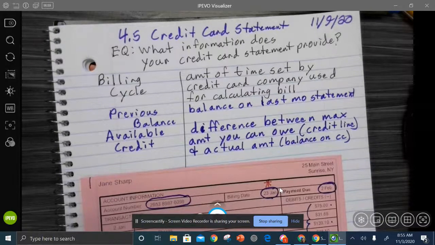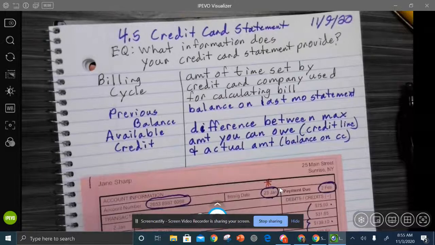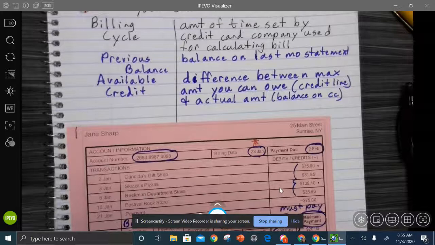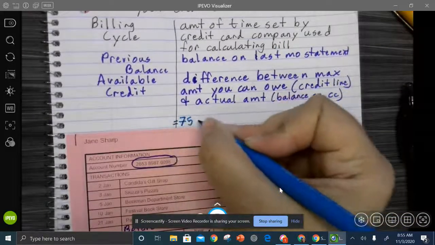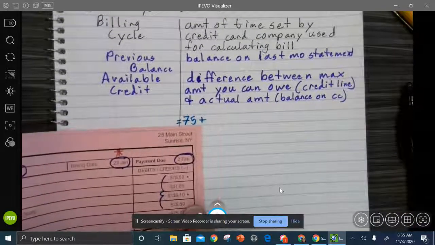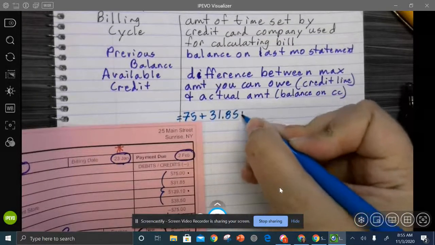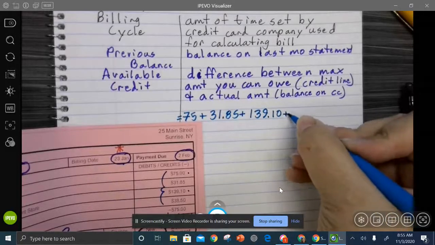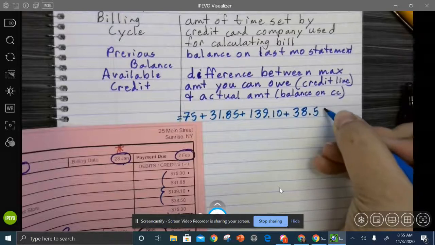Okay, so let's look, everybody, just so you understand where the new purchases came from. We're going to add all of those together. So the 75 plus this, $31.85 plus $139.10 plus the $38.50.